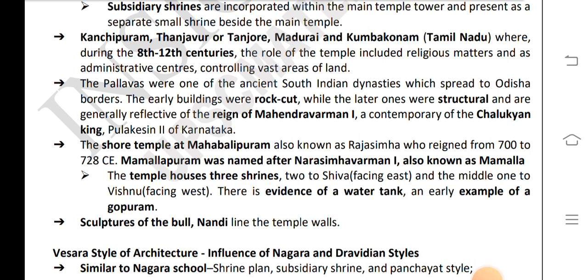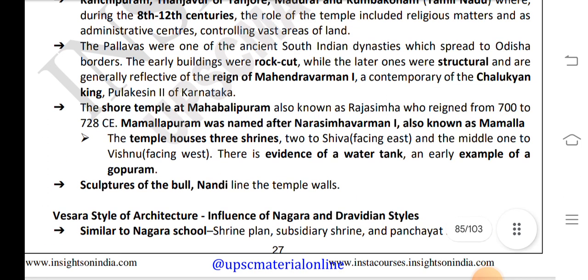Kanchipuram, Thanjavur or Tanjore, Madurai and Kumbakonam in Tamil Nadu, where during the 8th to 12th century the role of the temple included religious matters as well as being an administration center controlling vast areas of land and palace wealth of the ancient South Indian dynasties.